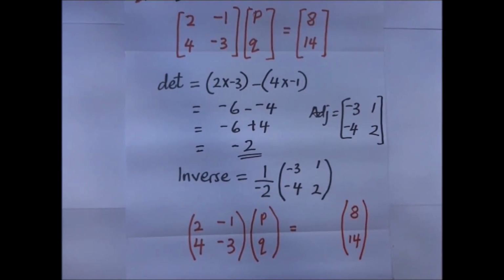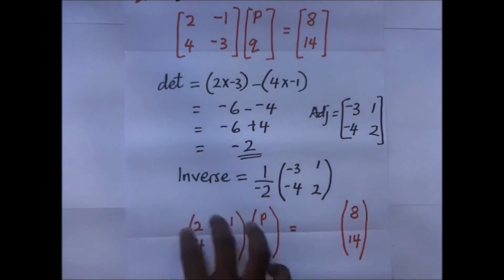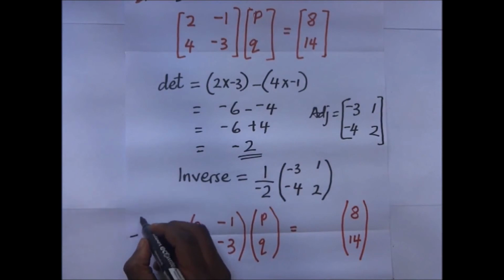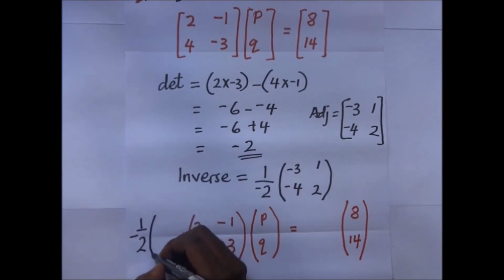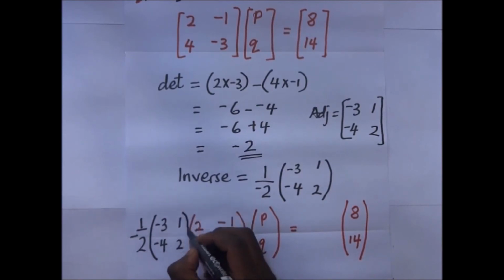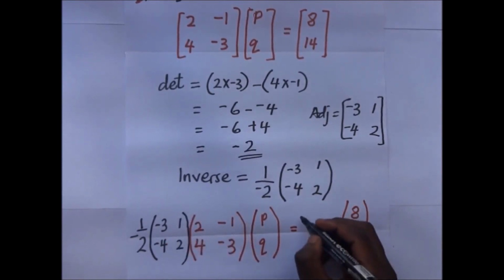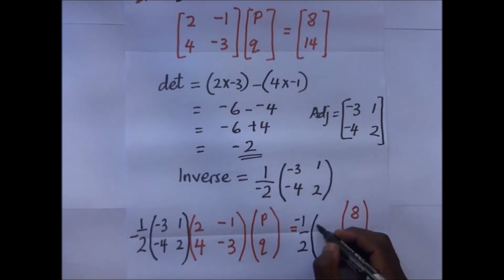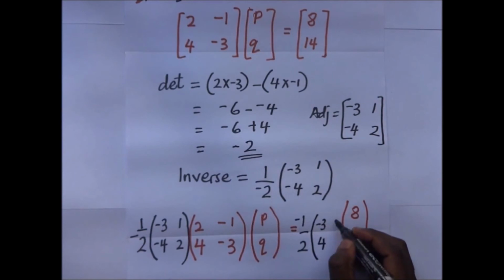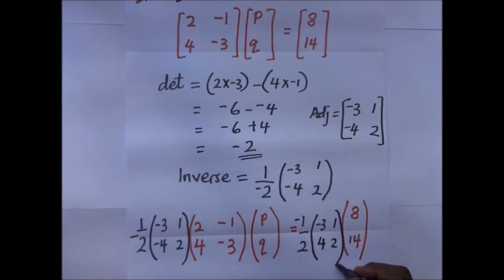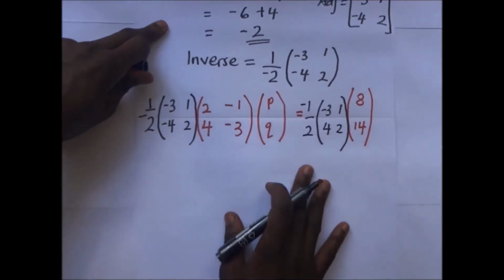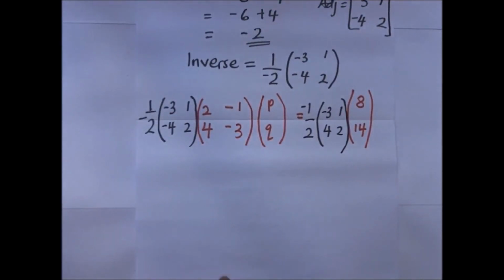So we multiply this inverse on both sides of this. Multiplying that is going to give us negative a half into negative 3, negative 4, 1, 2 times that. And then the rest is matrix multiplication and we get our answer.